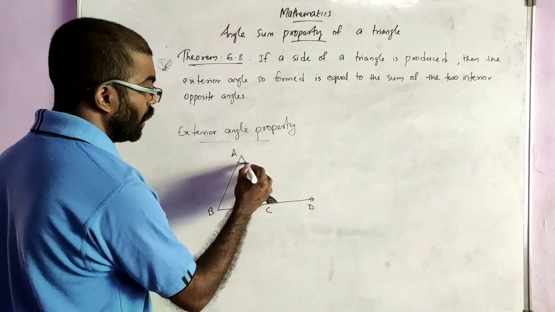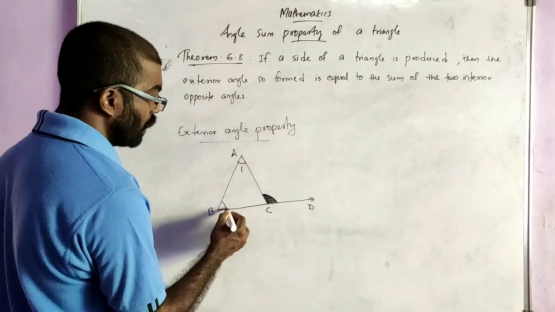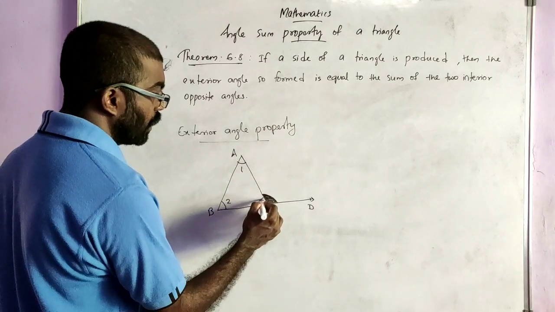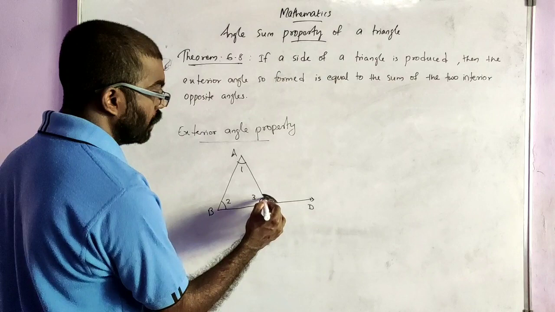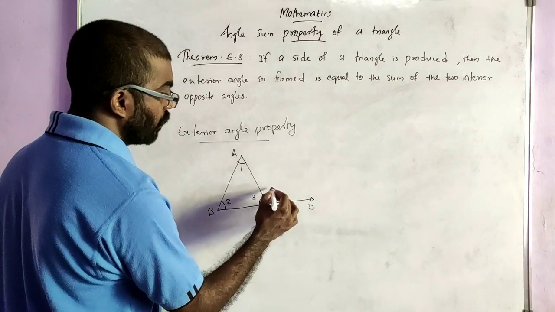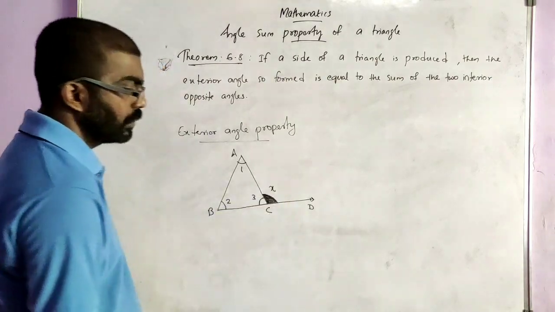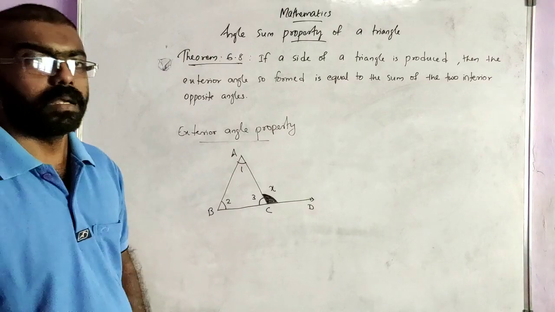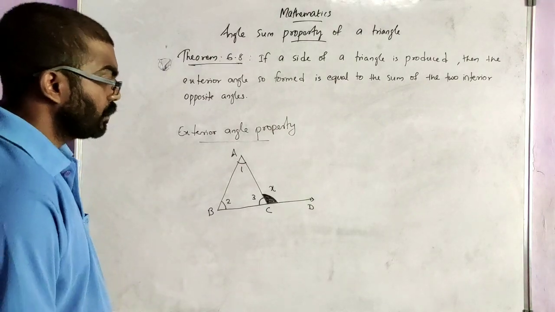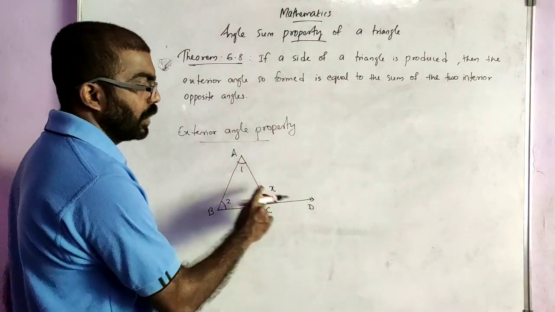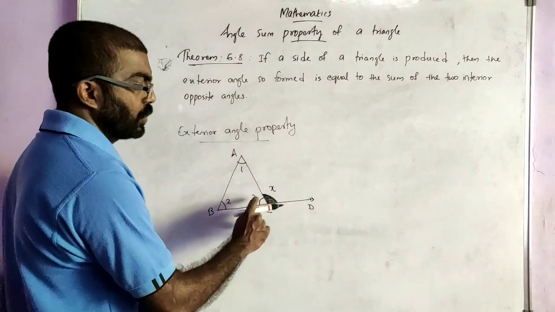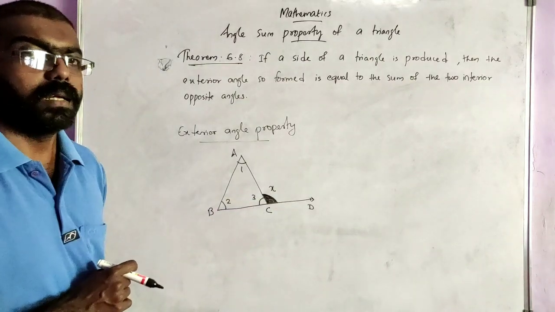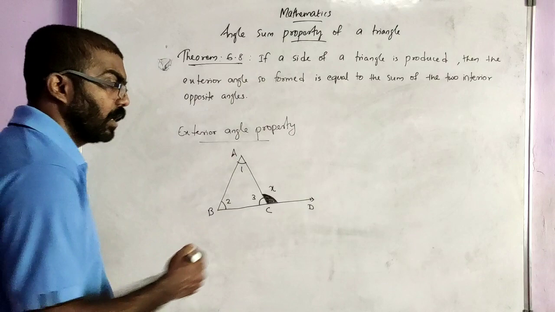We can mark the angles as angle 1, here angle 2, and here angle 3, and this exterior angle we can mark as angle X. Now we can write 3 plus X is equal to 180 degrees because these two are what? Linear pair of angles.